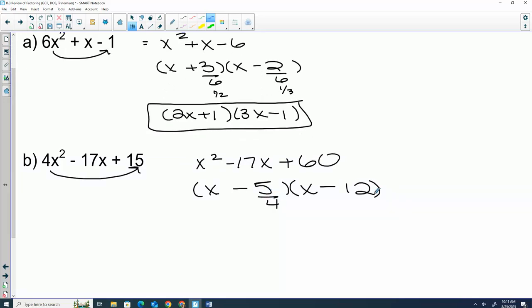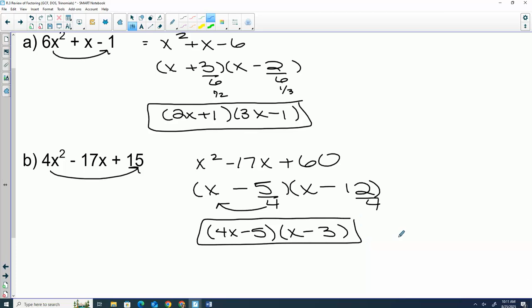Then we divide our 4 back. 5 over 4 doesn't reduce, so you slide the 4 back in front. 12 over 4 just turns into a 3, so we don't have to slide anything back. Alright. How did we do with those? Good? Any questions for me?